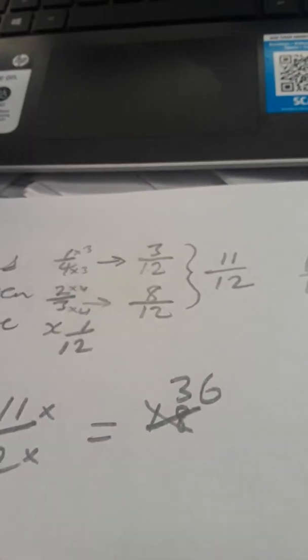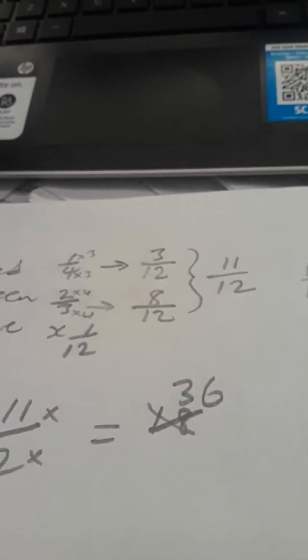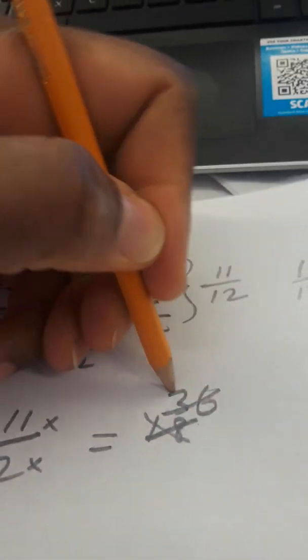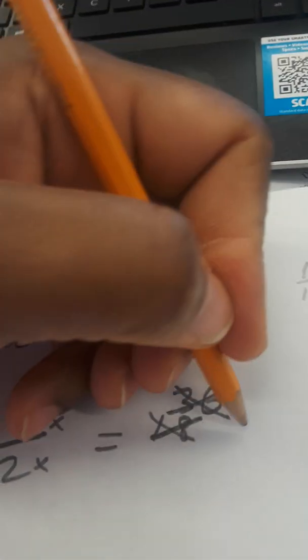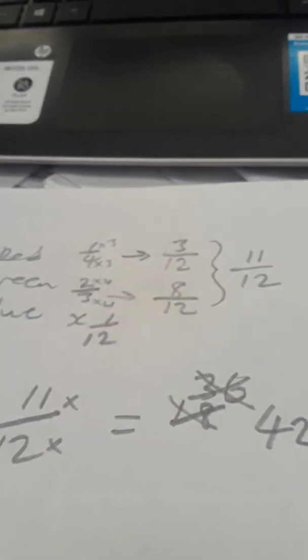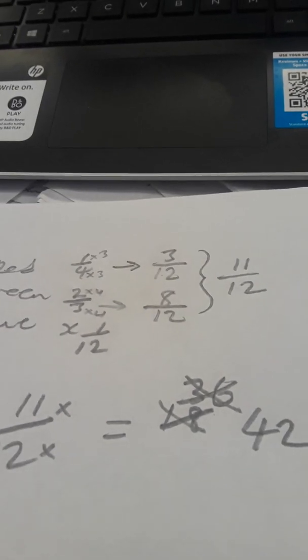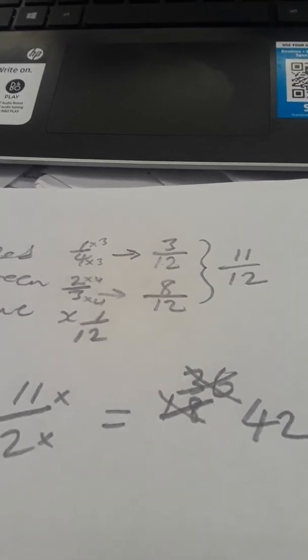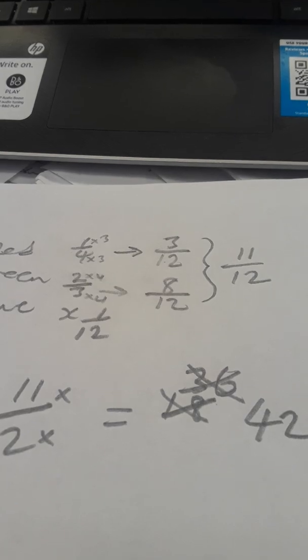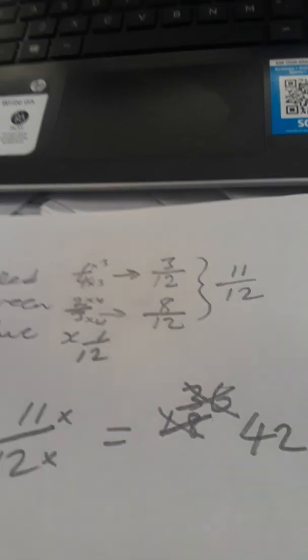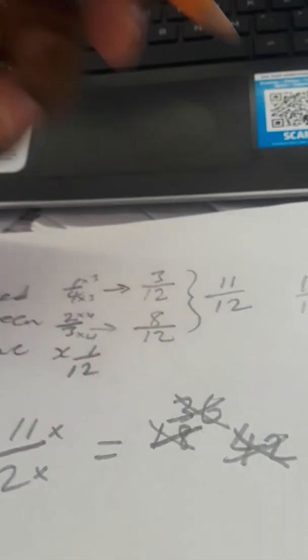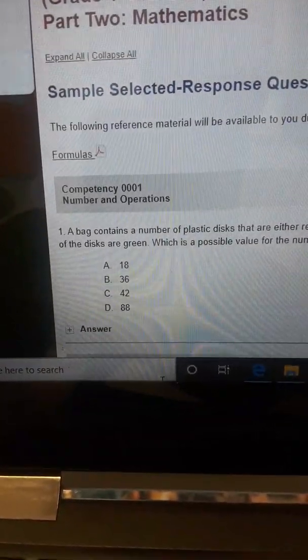11 times what is going to give you 36? No number times 11 is going to give you 36, so this is not a possibility. Let's try the next one, 42. 11 times what is going to give you 42? No number times 11 is going to give you 42. Now, do I have to try 88? Of course not, because that's the only other option.